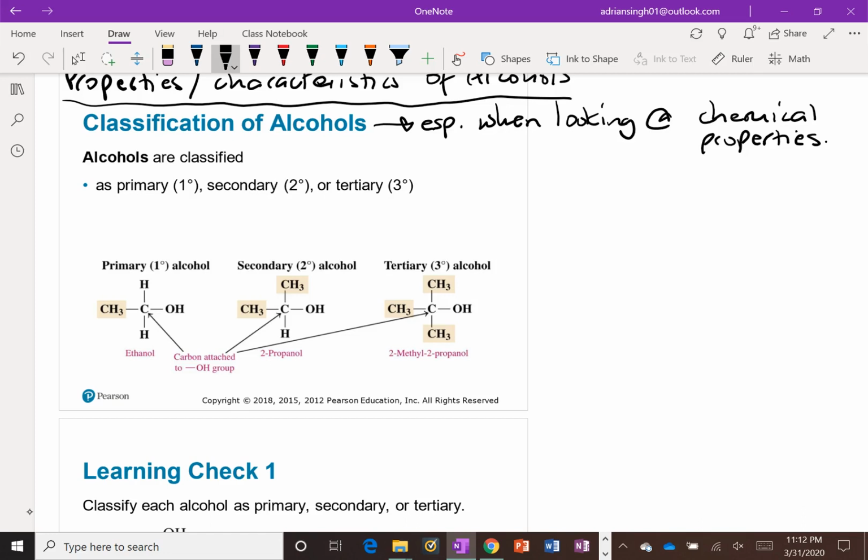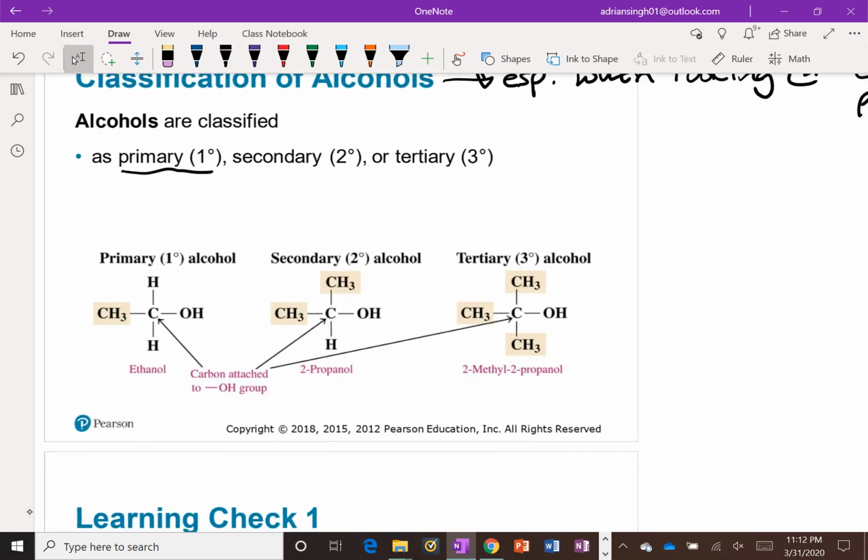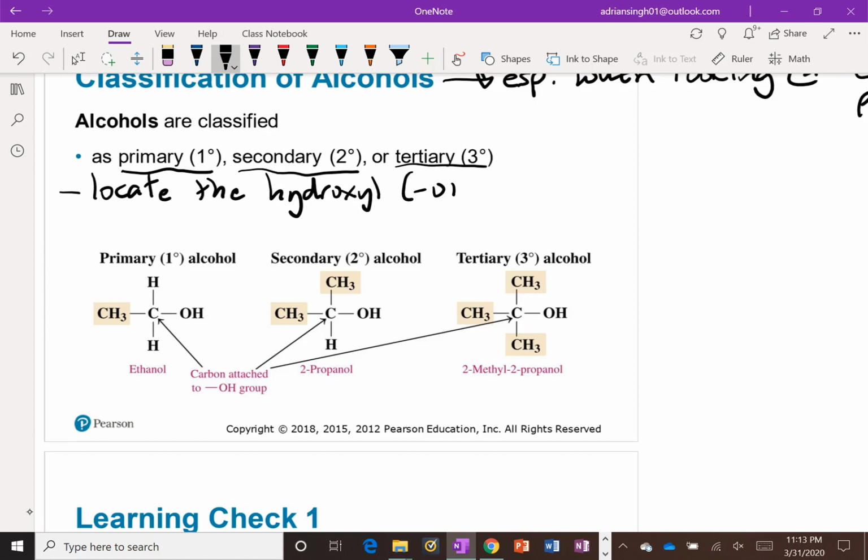So we can classify alcohols as belonging to one of three categories. They can be primary, which we abbreviate as 1 with a little degree sign, secondary, 2 with the degree sign, or tertiary, 3 with the degree sign. And the way that we are going to do this is to first of all locate the hydroxyl group. Remember, the hydroxyl is the OH.